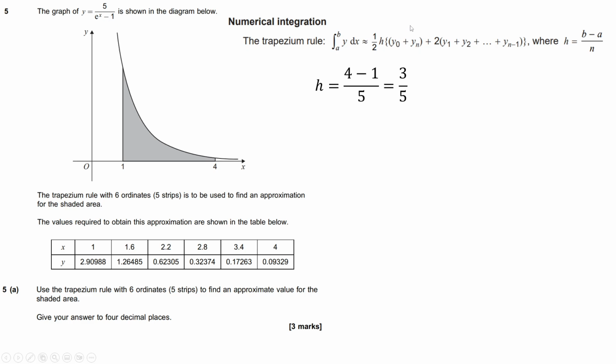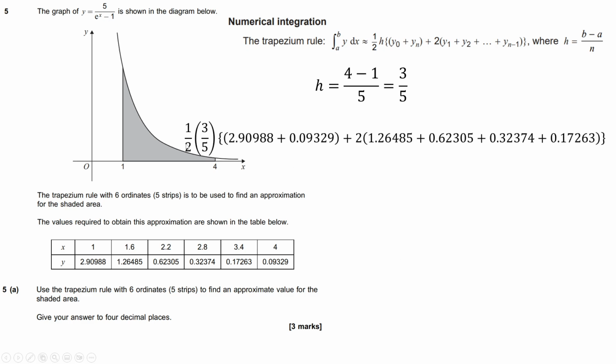It's the last y value, by the way, because it says y, and then y0 is obviously just the first one. So this is the first one plus the last one, multiplied by a half h, where h is this, so that's 3 over 10, and then 2 lots of everything else in between. So it's this plus this plus this plus this. Just put that into your calculator, you'll get 2.3315.